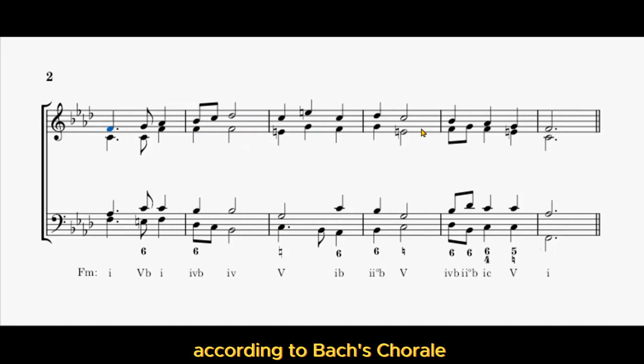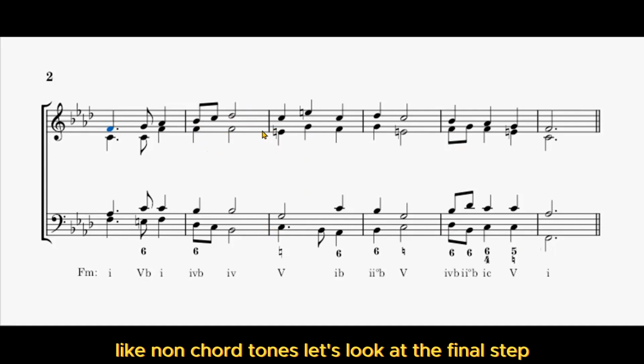According to Bach's chorale, each part has individual melodic line. So usually Bach will harmonize this long note by adding some decorations like non-chord tones. Let's look at the final step.